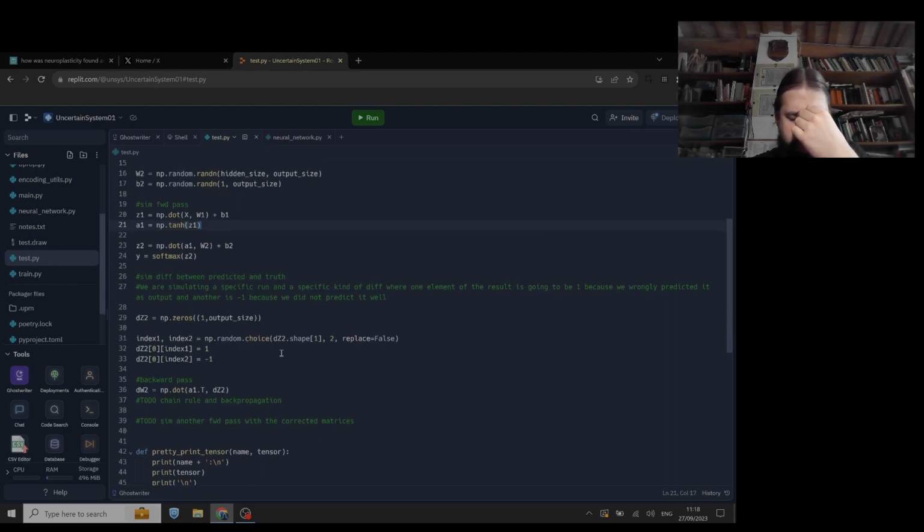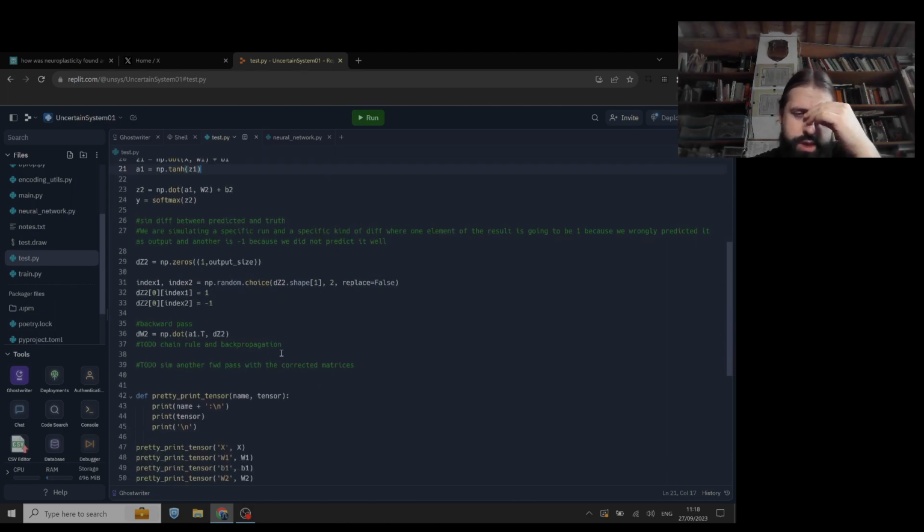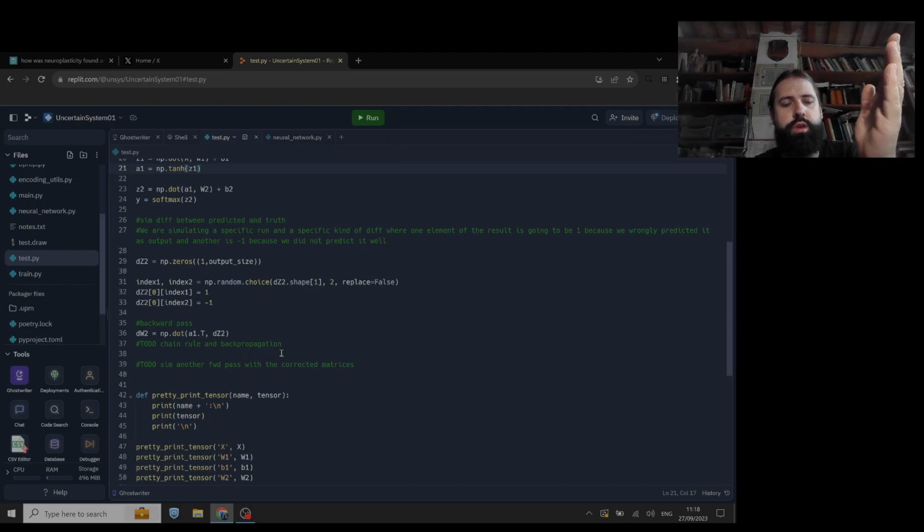Because you want to calculate the derivatives of each of the tensors, and some of them are composites, right?